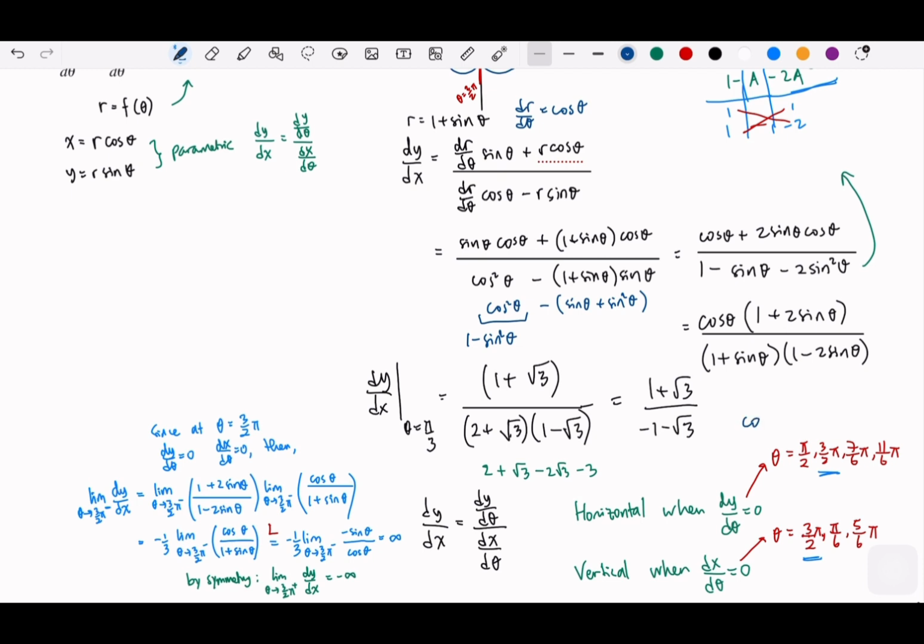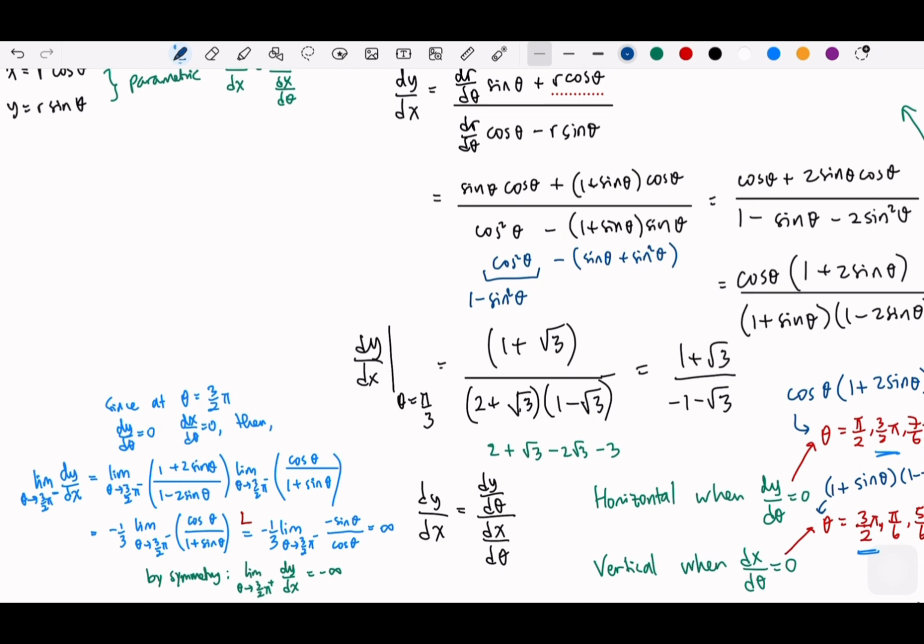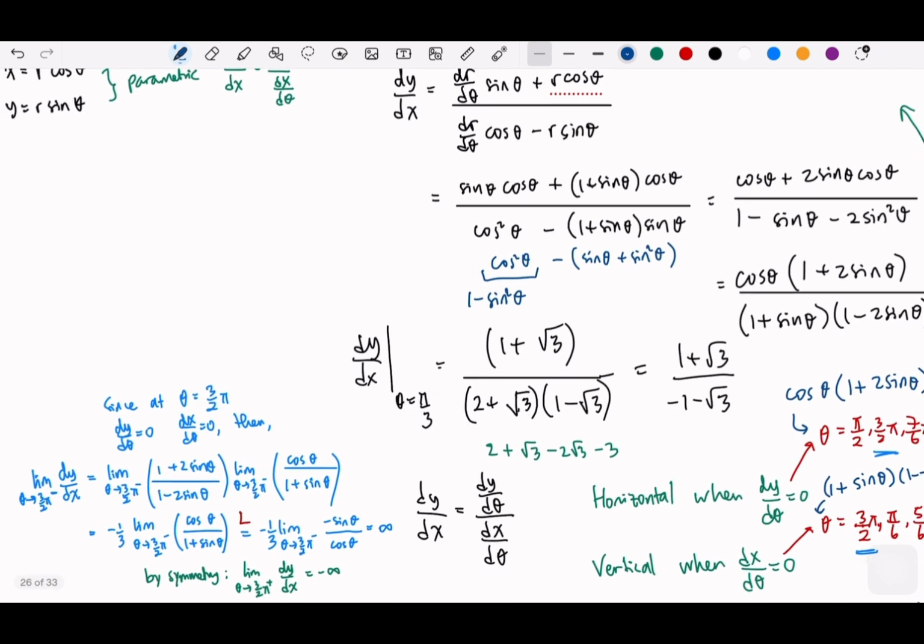This part is we solve this and we get the theta is that, and we solve and we get the theta is that. So I think that's chapter 10.